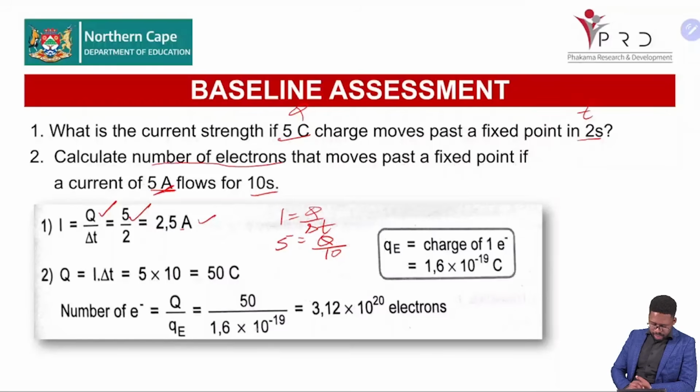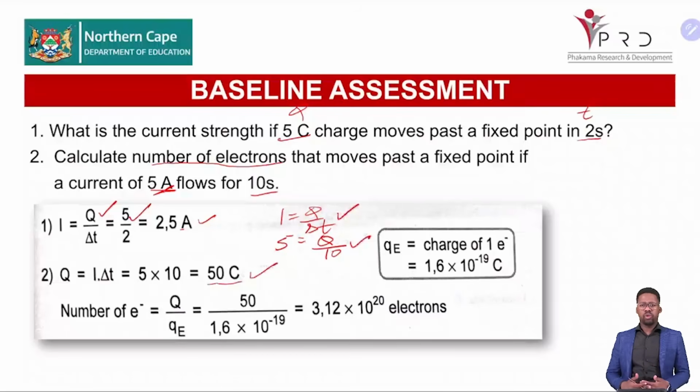You'll have 5 times 10, meaning that your charge will be 50 coulombs. So it's 1 mark for the original formula, 1 mark for the substitution, and 1 mark for the answer. So we are motivating you to write the formula as original as it is.